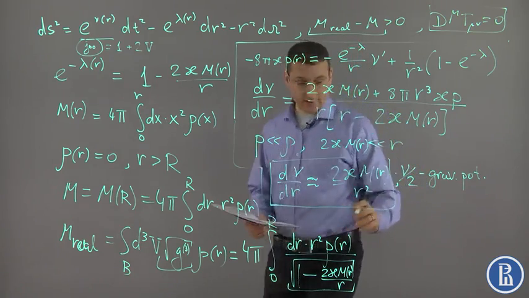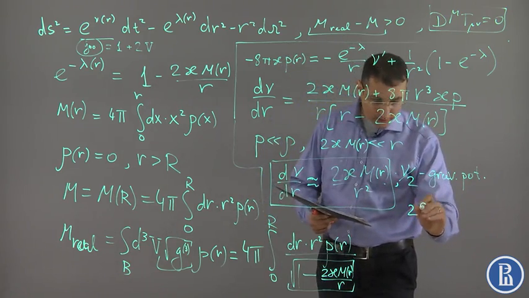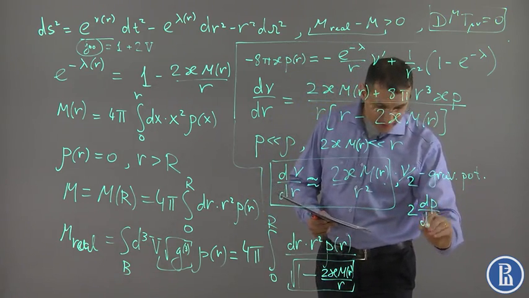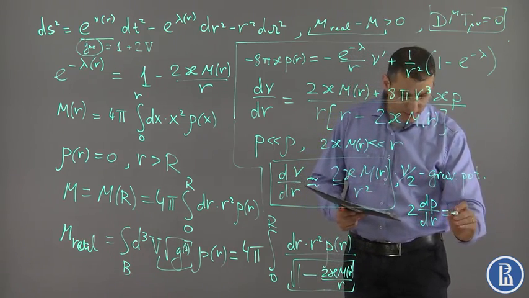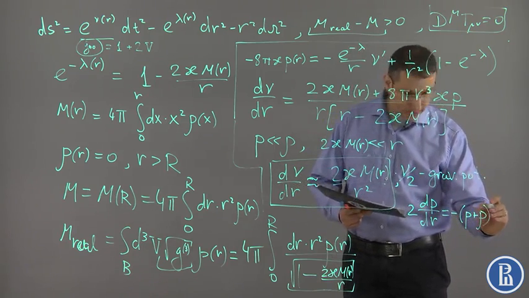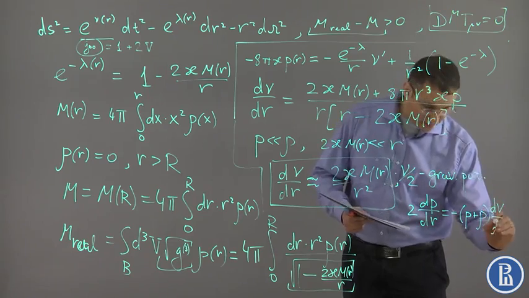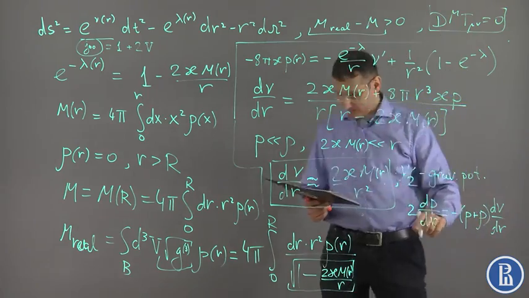Well, let me write it here. It has this form: 2 dp over dr is equal to minus p plus rho times d nu over dr. So this equation follows from this one.